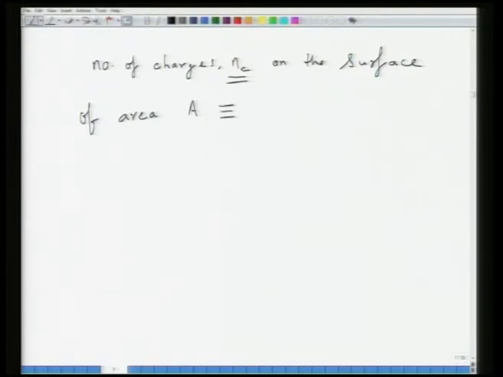This can be taken as equal to the number of dipoles contained on the surface in that volume of thickness dx.